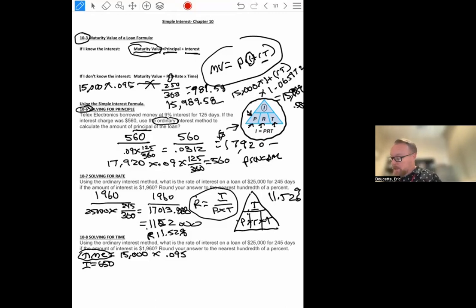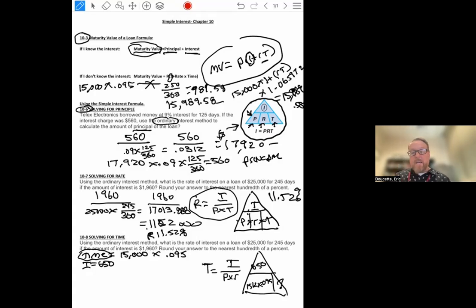And so again, if we use the same formula, we have the interest, which is $650. We have the principal, which is $15K. And then we also have the rate, which is 0.095. But what we don't have is this time. So we're going to do the same thing. We're going to multiply 15,000 by 0.095 first, and then we're going to divide that. Actually, another way to look at this would be time equals interest divided by principal times rate. So that's how we find time, whatever factor is missing.